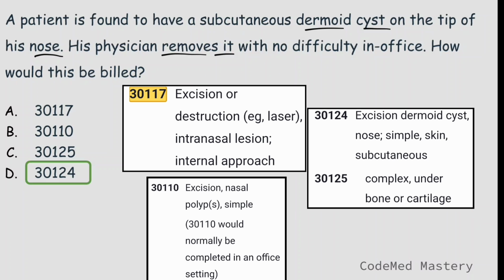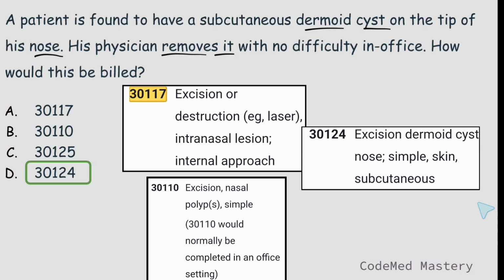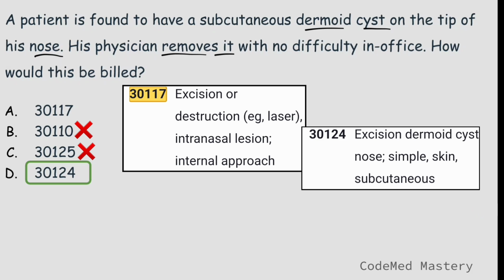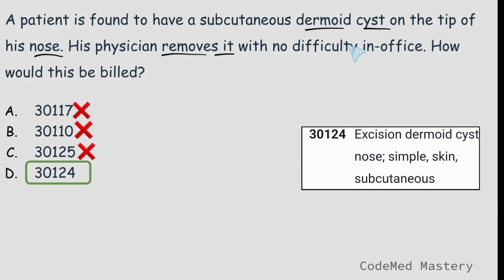Option C 30125 is wrong because that is for excision of complex dermoid cyst. Option B 30110 is wrong because that is for excision of a nasal polyp simple. And option A 30117 is also wrong because that is for excision destruction of an intranasal lesion internal approach. This question does not mention anything about intranasal lesion, right? So they have exactly mentioned dermoid cyst. So the right code is 30124. Let us move on to the next question.